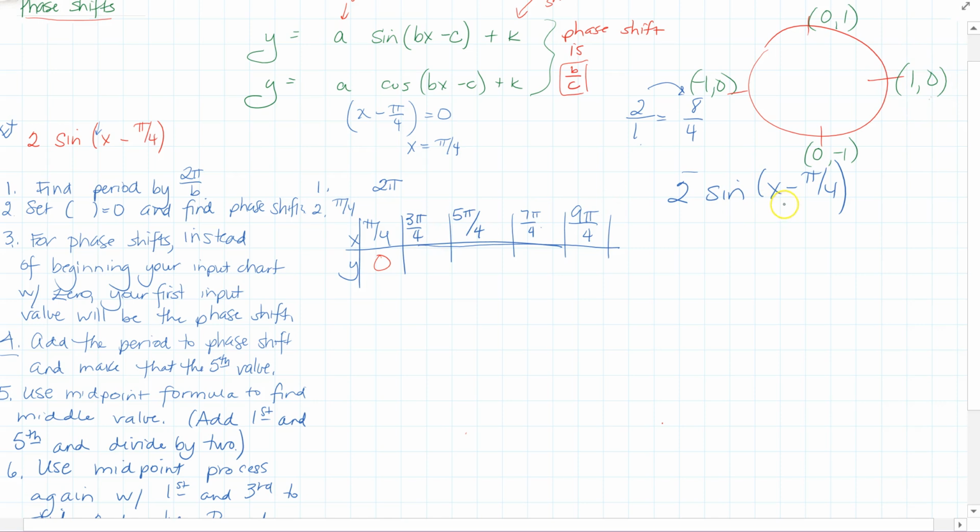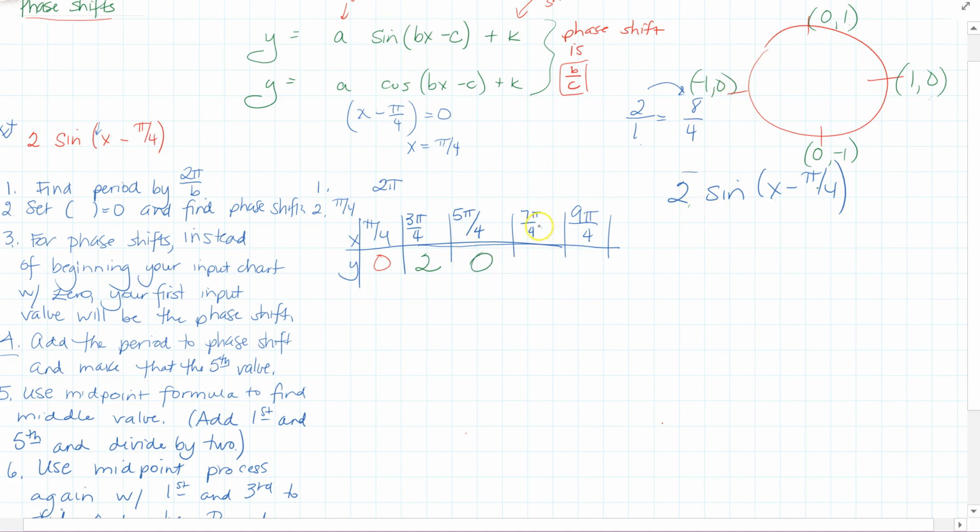Now if I put 3 pi over 4 in there, 3 pi over 4 minus pi over 4 lands me up top. The sine there is 1, times 2 is 2. Now plug the third value in. 5 pi over 4 minus pi over 4 is pi. Lands you right here as it should, which is 0 for the sine, 0 times 2 is 0.